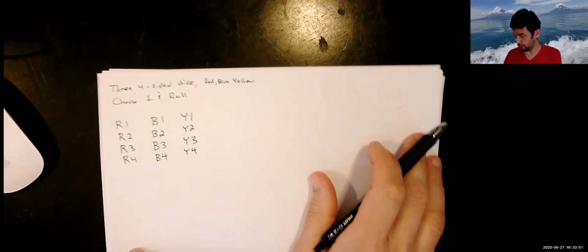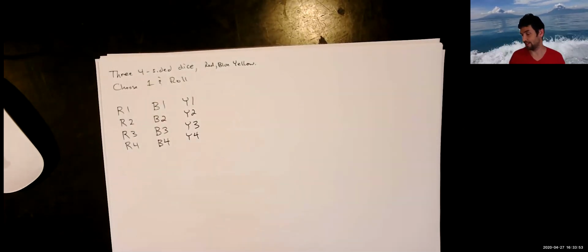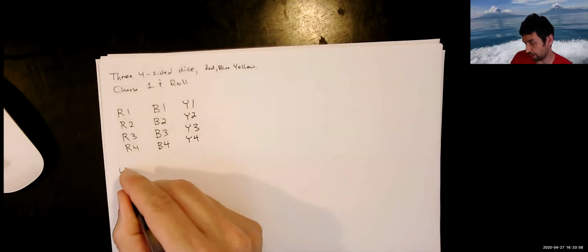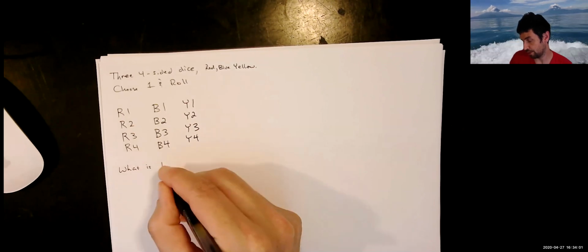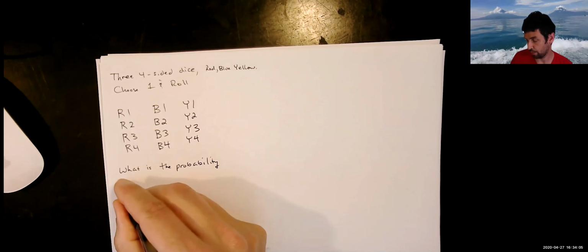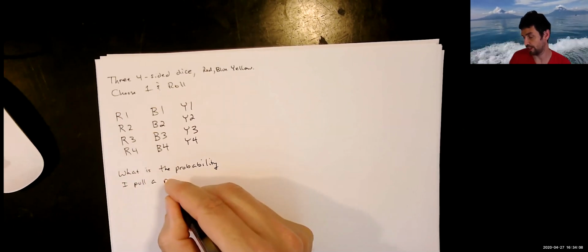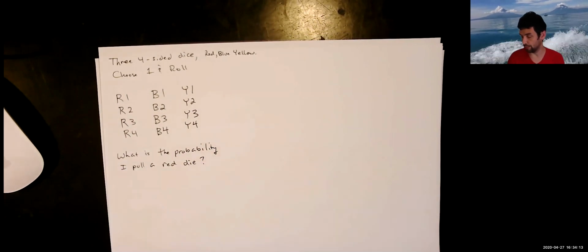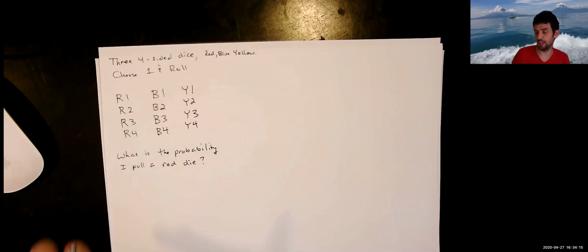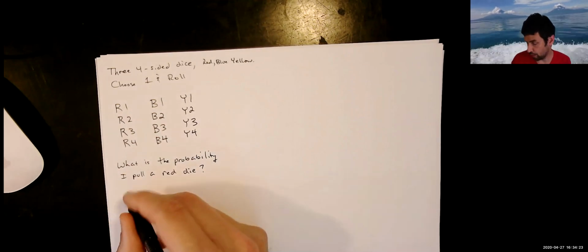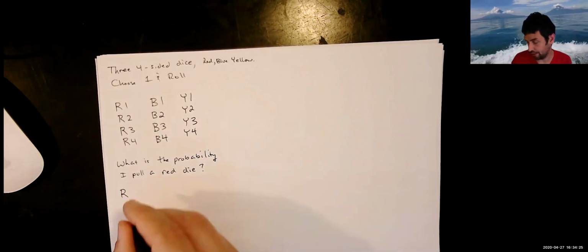So just as a reminder, we'll do a couple of basic ideas. For instance, I might ask the question, what is the probability I pull a red die? So it's pretty obvious, I think, in this case, but let's go through some of the formal notation so we can start getting used to it. Typically what we do is we name an event.